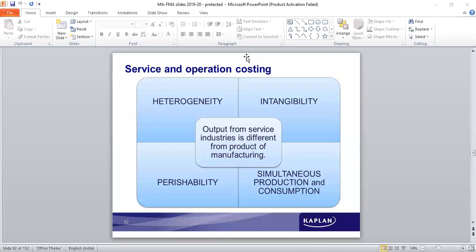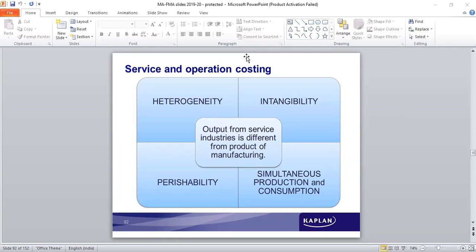Homogeneity is it is identical. See, when the products are manufactured, the entire lot of units are identical. See, when they are produced, they're produced in a whole lot of them, and all of them are identical. These products are sold to the customers, so they are not different.